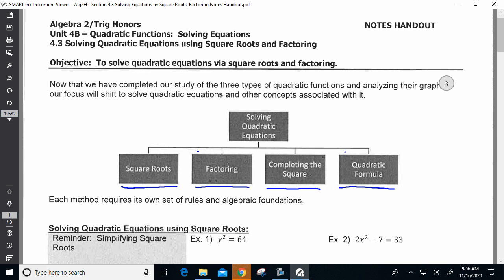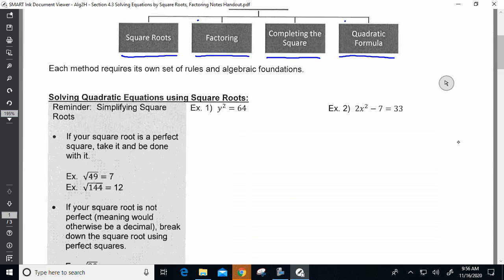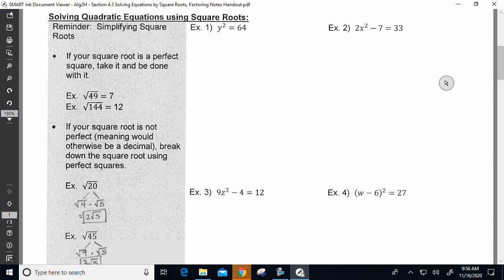Keep in mind, in the first unit of the school year, we did a study of square roots, simplifying square roots, and factoring. So we are going to still be simplifying square roots and factoring.